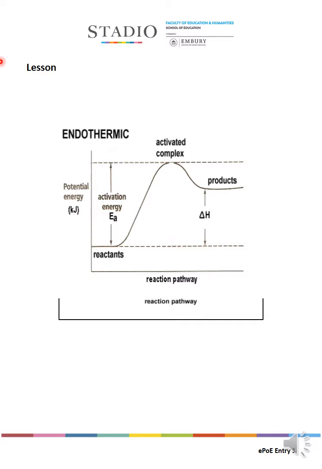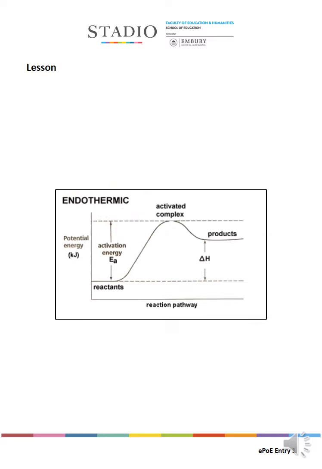So a diagram for exothermic reactions: delta H for an exothermic reaction is always negative. The diagram for endothermic will be like this. It will come here, you see, and the delta H will be smaller for exothermic reactions.